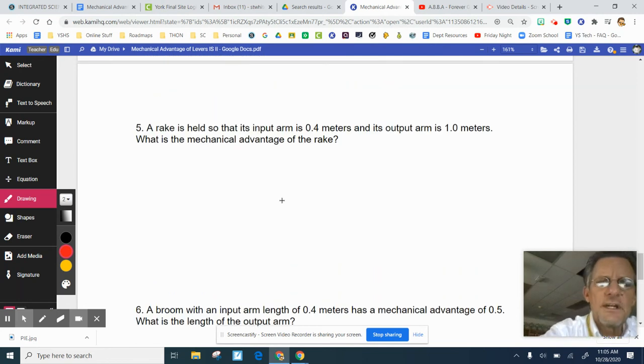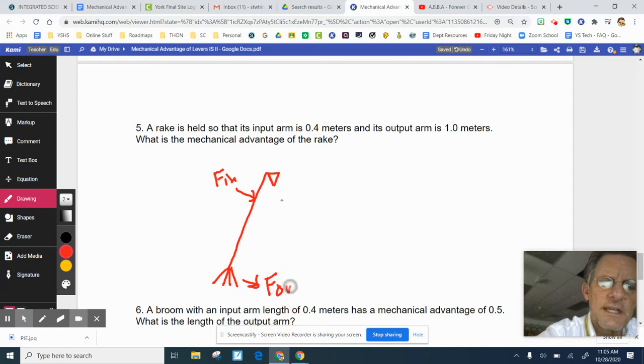So if you want to diagram this, here's the rake. And you have to remember the fulcrum is up here. You're applying the effort here. So here's your force in. And you're trying to rake leaves here. So there's your force out.